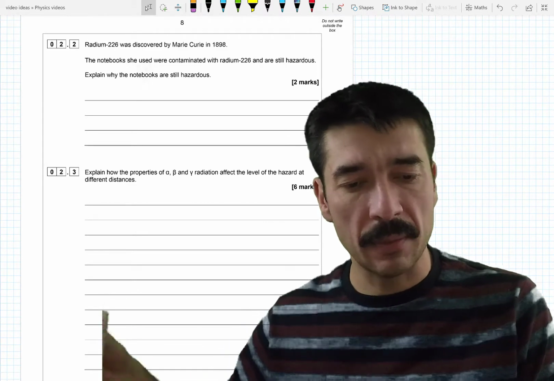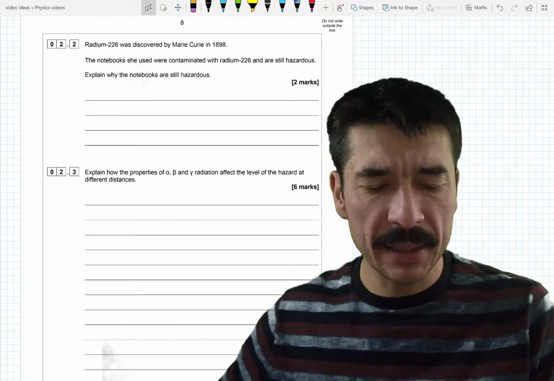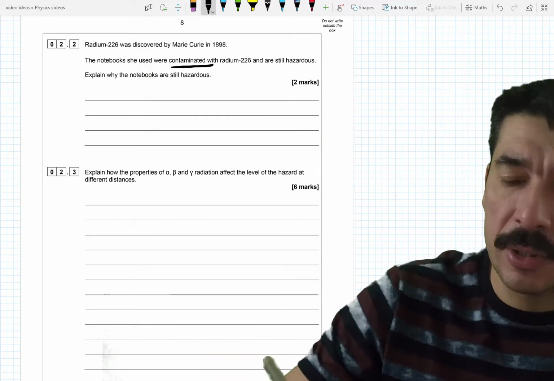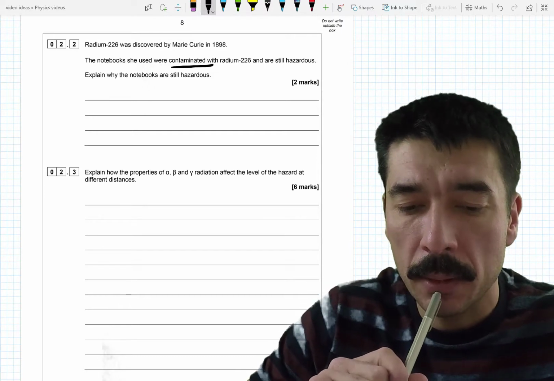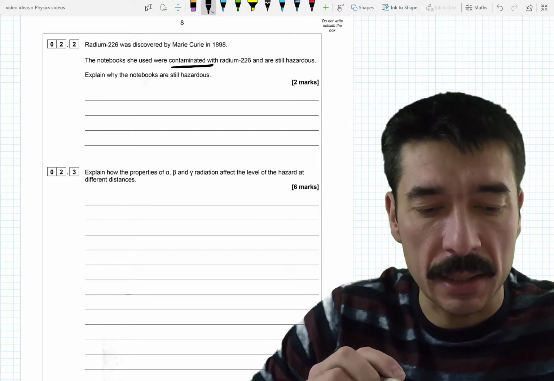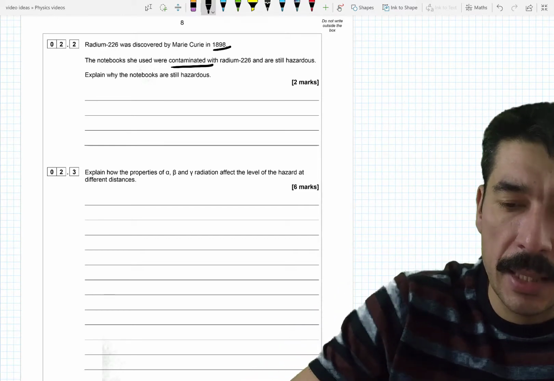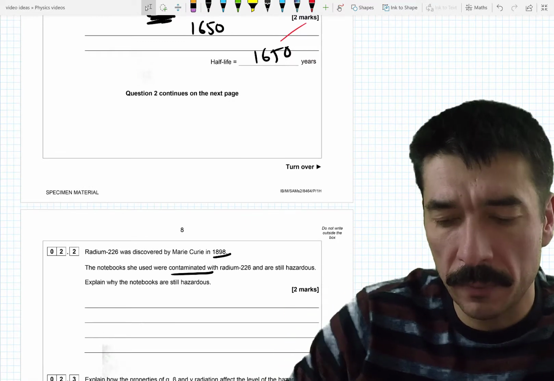Radium-226 was discovered by Marie Curie in 1898. The notebooks she used were contaminated, not irradiated, contaminated with radium-226 and are still hazardous. Explain why the notebooks are still hazardous. 1898, we've just worked out the half-life, so it's not even one half-life ago.